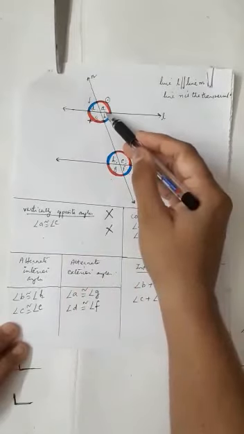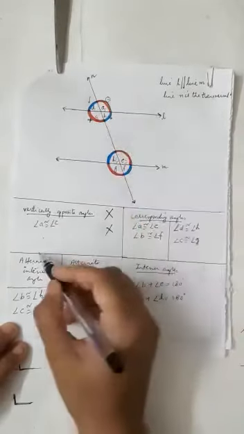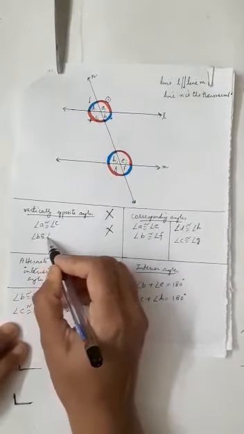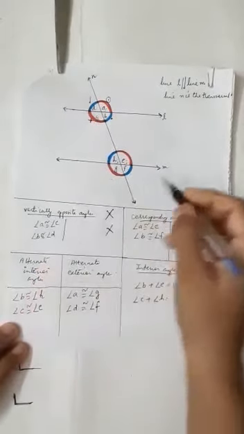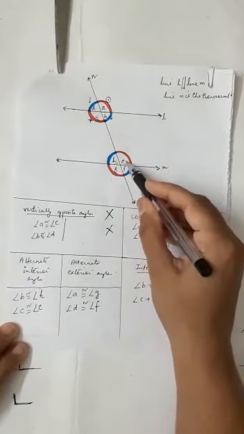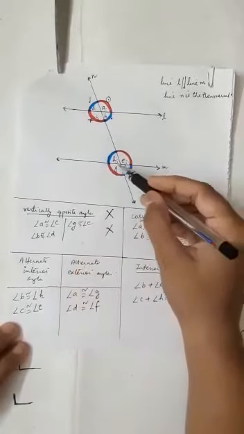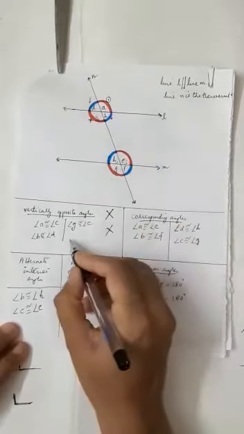So angle A congruent to angle C, angle B congruent to angle D. These two angles are marked in blue. Now coming to line M, angle G congruent to angle E, and angle H congruent to angle F.